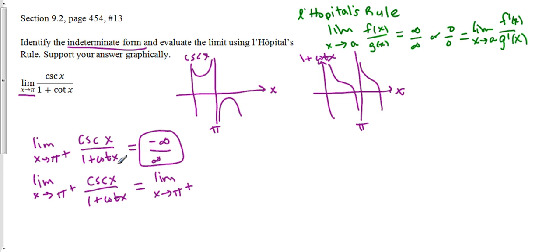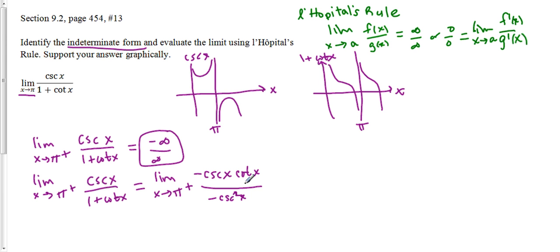You need to know what the derivatives of these trig functions are. I looked it up, and the derivative of cosecant x is negative cosecant x times cotangent x. Then we take the derivative of the denominator and put it in the denominator. The derivative of 1 is 0, and the derivative of cotangent x is negative cosecant squared x.